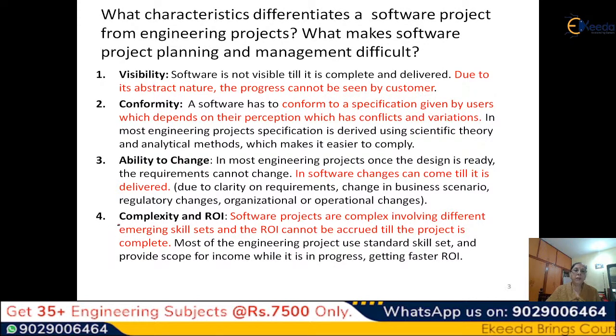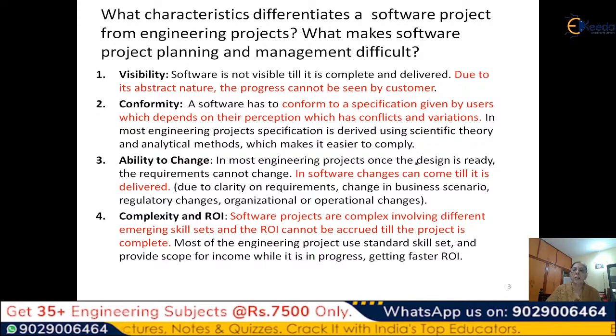Next is the ability to change. Ability to change means any time you can get changes in the software product till you have delivered it. After delivery, changes will come in the maintenance. But in most of the engineering projects, people will discuss till the design. Once the design is done, specification is created and the design is made, then nobody will bother about any change, because it has to be manufactured as per the design.